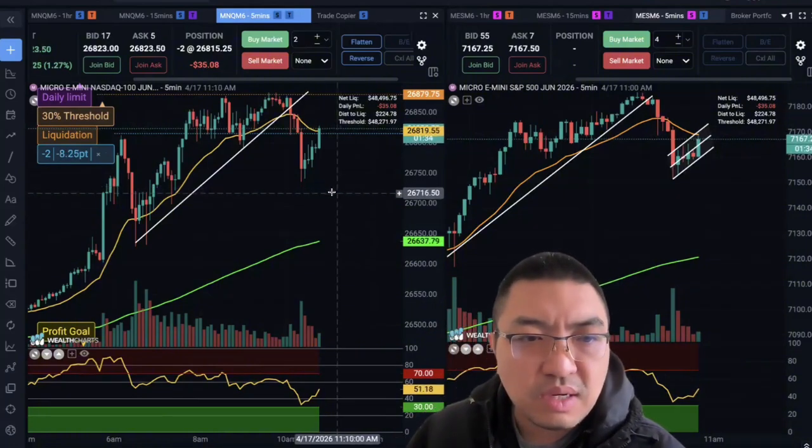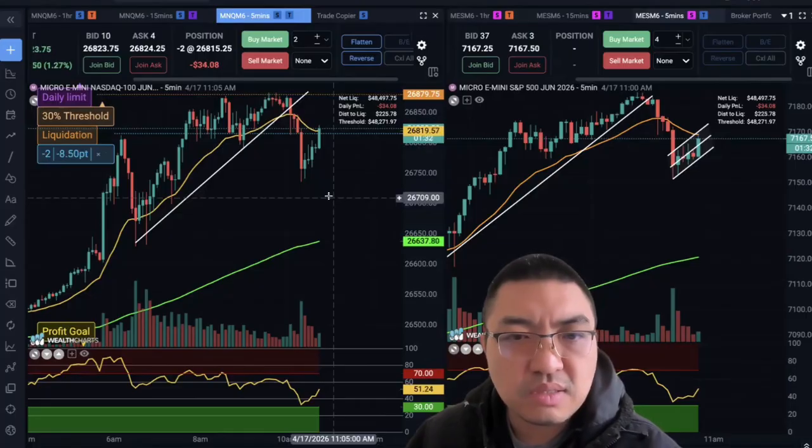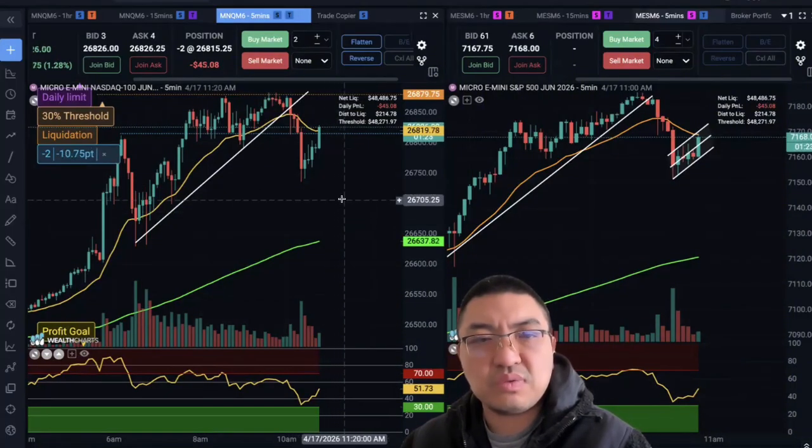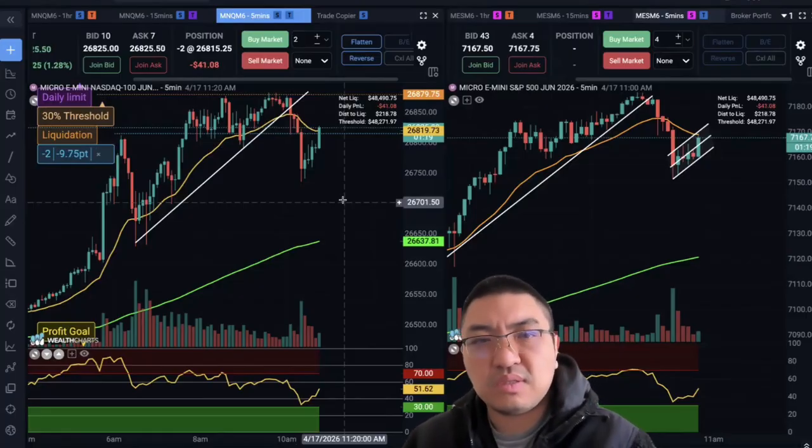Otherwise, I'm expecting somewhere here. You should have a lower low. If we really get rejected, you should have a lower low, to somewhere around here. Oh, you want to retest the lower bound? That could probably trigger my stop loss.